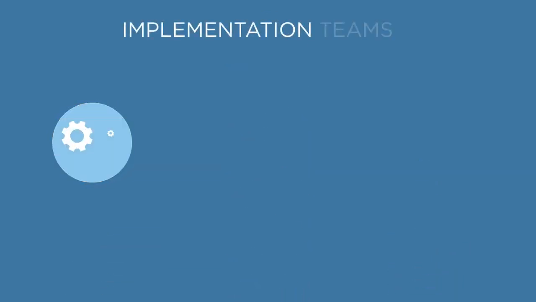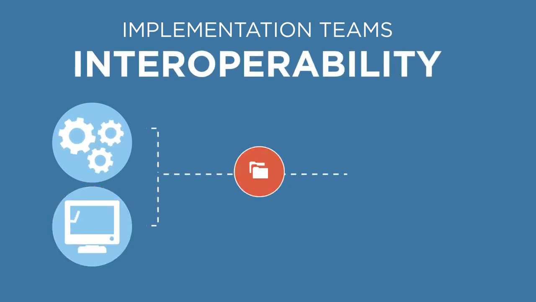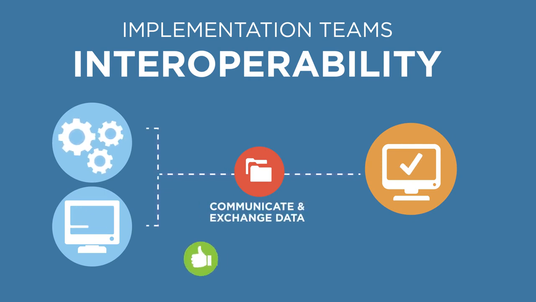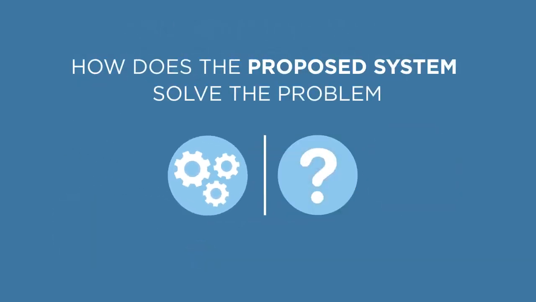Also, implementation teams must consider the interoperability, the capability of the proposed system or software applications to communicate and exchange data with other systems, and consider the goodness of fit of the proposed system or application to meet the problem at hand. In other words, how does the proposed system solve the problem?